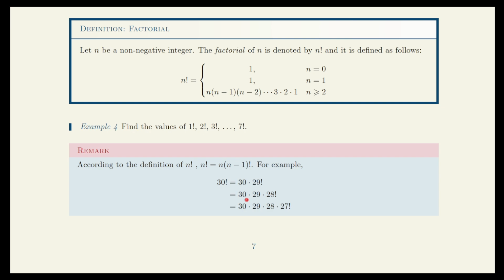Or if you want, you can break it more. You can write 30 times 29 times 28 factorial. Even more, you can write 30 times 29 times 28 times 27 factorial. So you need to be flexible according to what you need. You might need to break the factorial into more pieces. But there is nothing very strange about that.